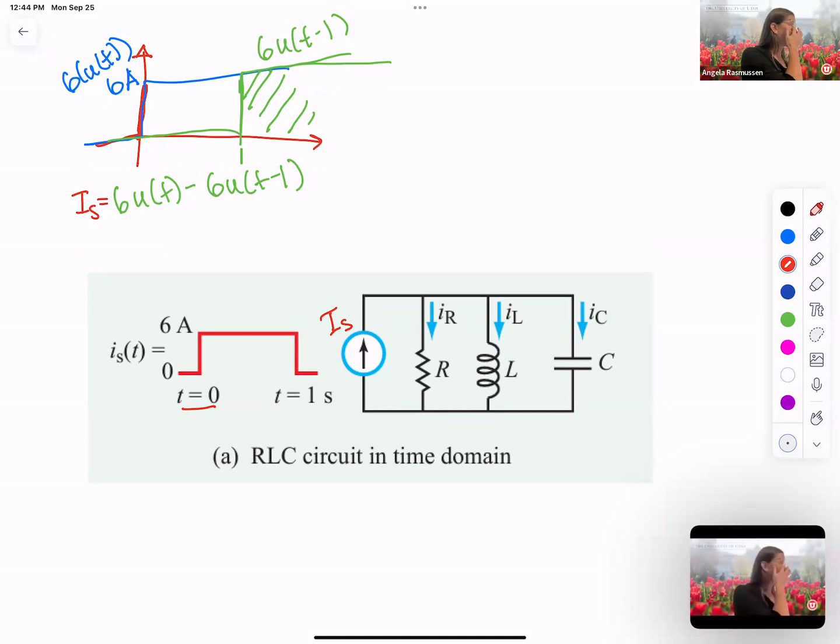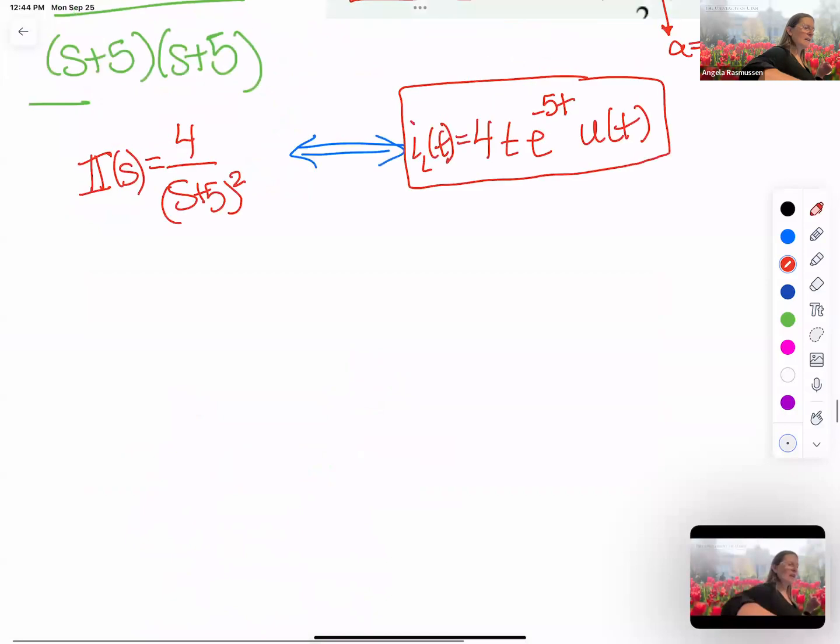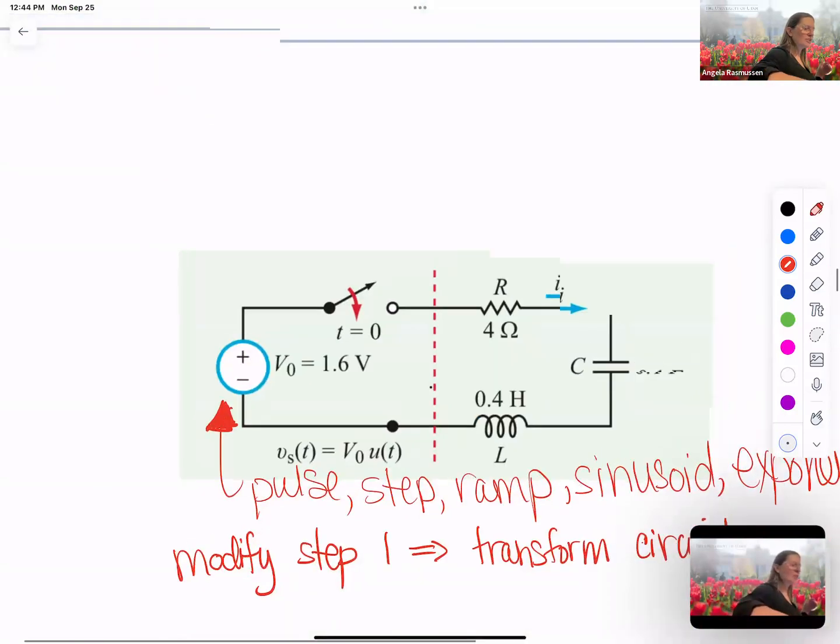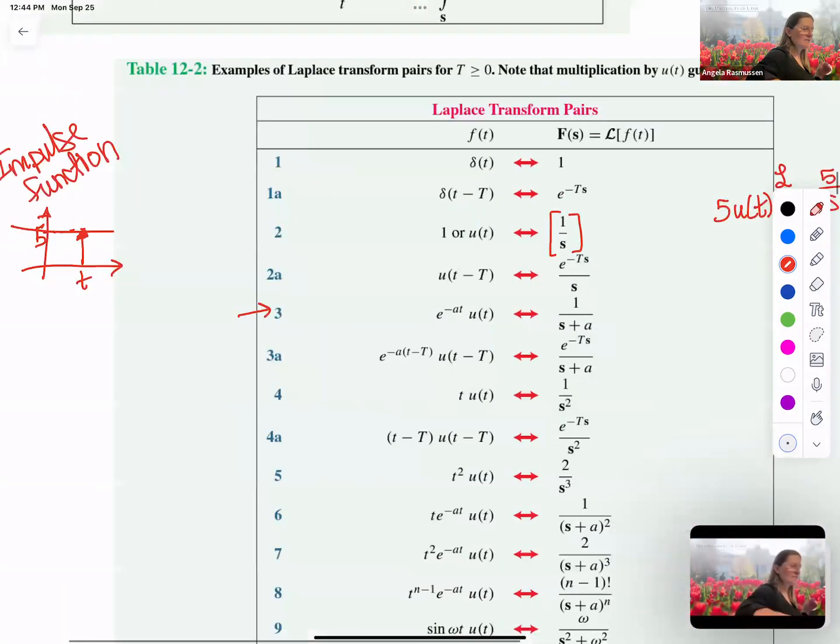IS in the S domain goes to IS over... So it depends on what your function is. 6u(t) goes to 6 over S. And then you have to look at the one with the time shift.